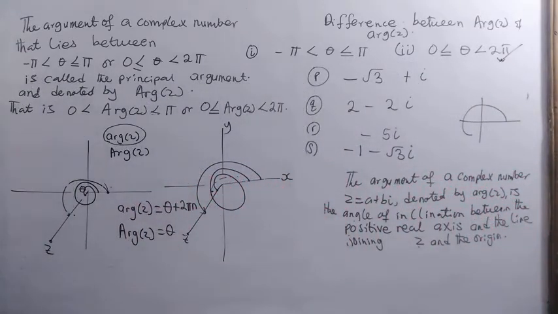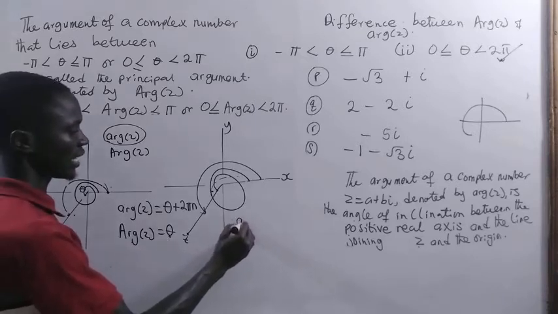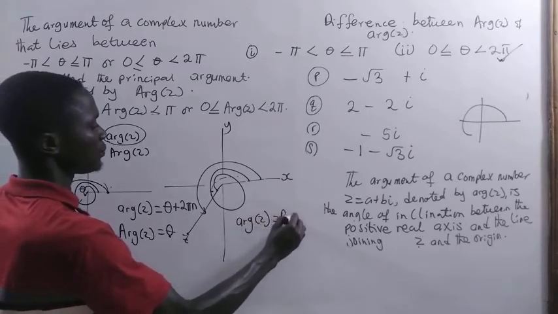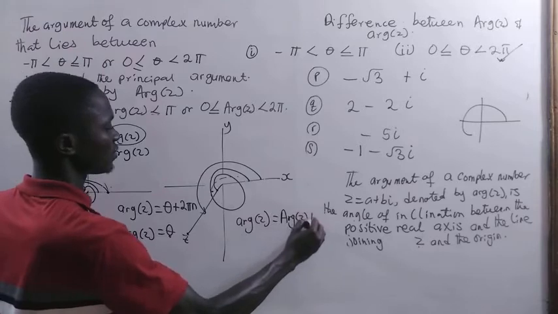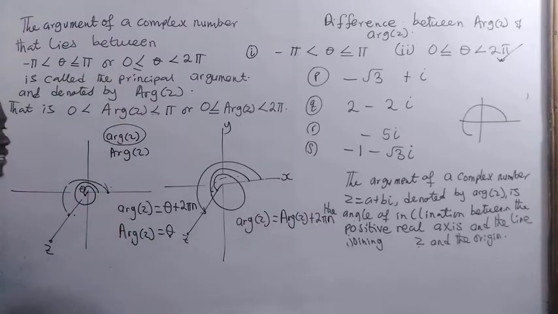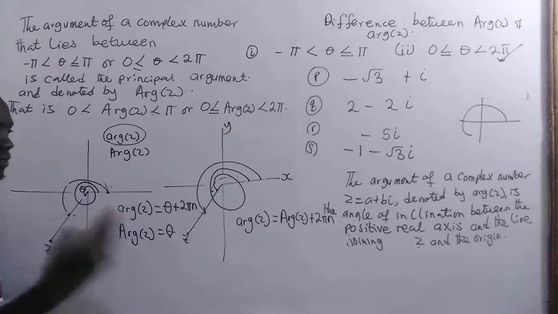Okay. So here it means that if the principal argument is equal to theta, then we can say that the general argument is equal to the principal argument plus 2 pi n. Very, very simple as that. I've said that the general argument is a set of what? Values. Sets.